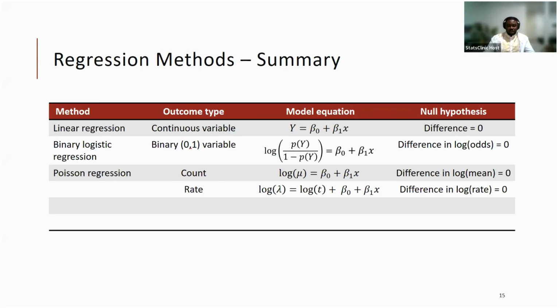In logistic regression, we had a binary 0-1 variable, and the null hypothesis is a difference in the log of odds. For the count, the null hypothesis is a difference in the log of the mean. For the rate, the null hypothesis is a difference in the log of the rate. And these are the model equations. We've seen this before. So any questions before we move on?